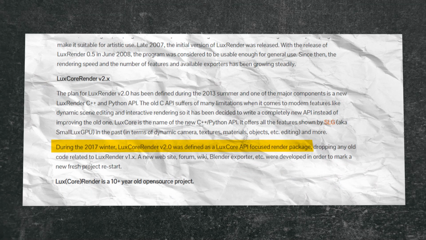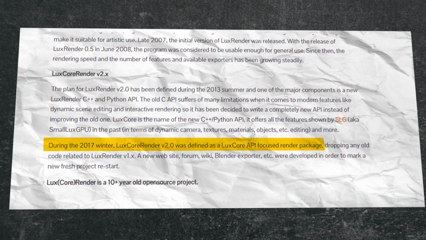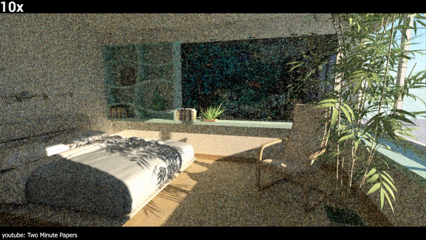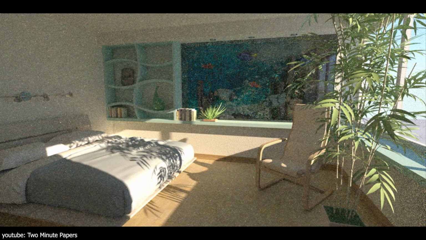So after many years of ups and downs, it was built and rebranded in the winter of 2017 as Luxcore. The least we could say about the software is that it left the world of academia and started to be more practical, and people started using it for practical reasons.